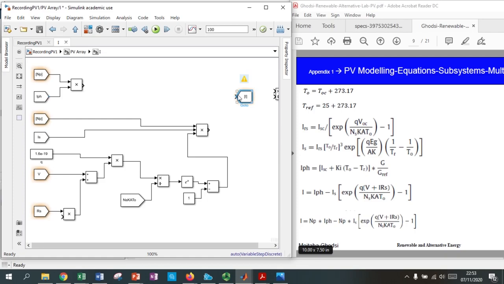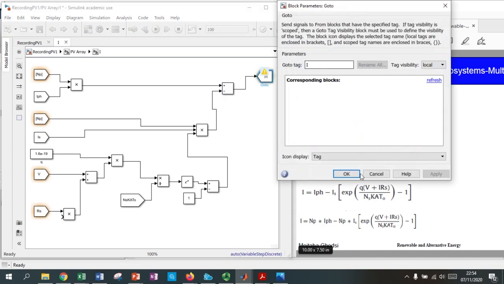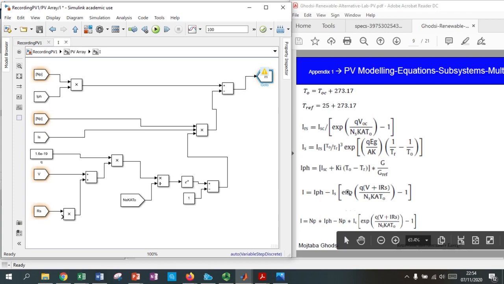Then times IS NP. Then we need to subtract them again from each other. Control C, Control V. They are subtracted from each other, and its result is considered as an I. Okay, this is the output that we have.